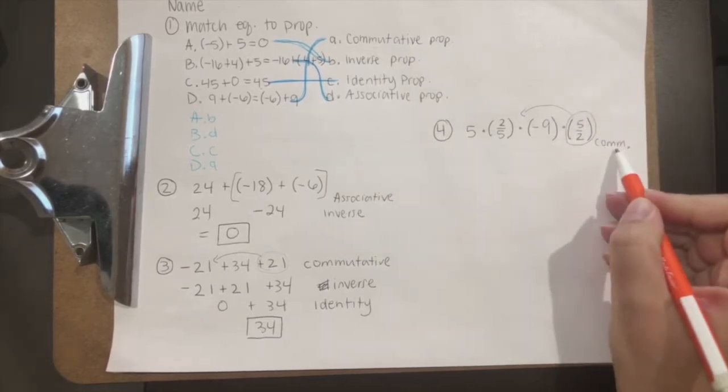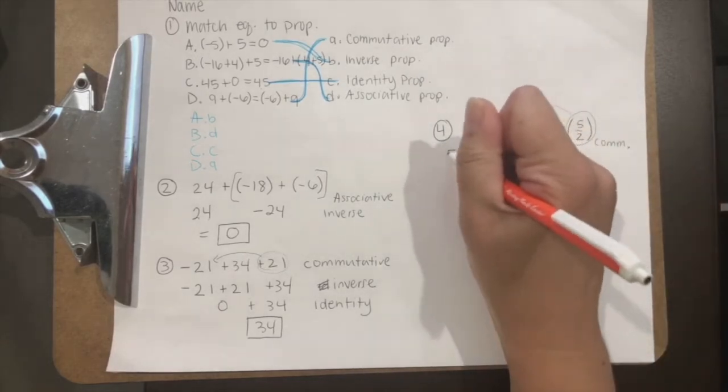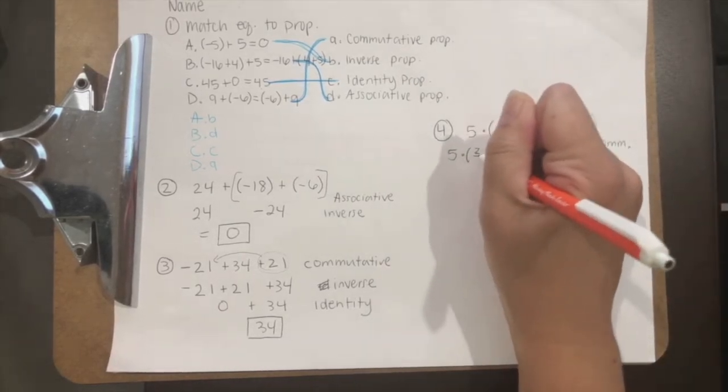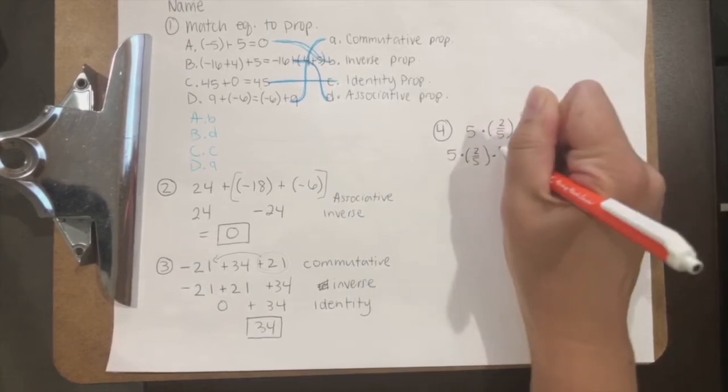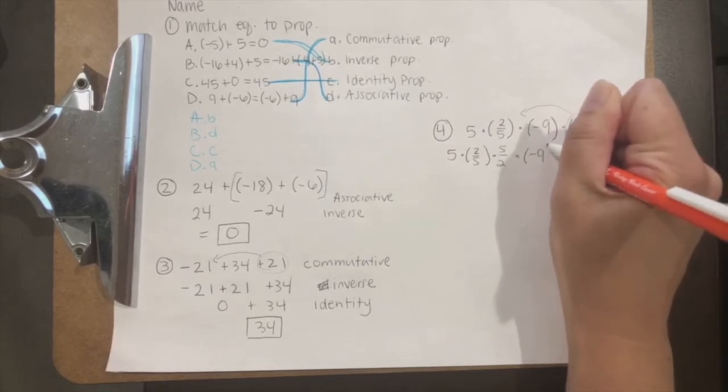And it's the commutative property of multiplication now. So 5 times 2/5 times 5/2 times negative 9.